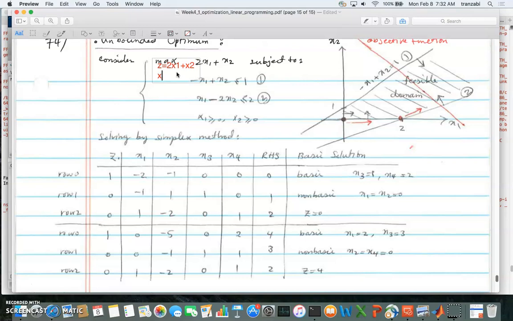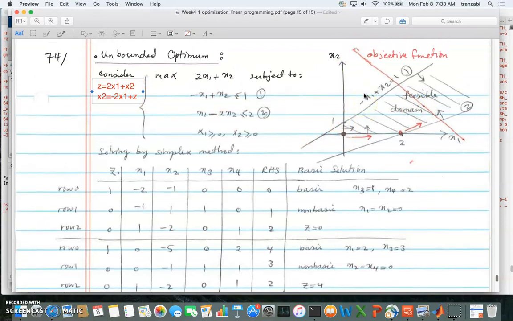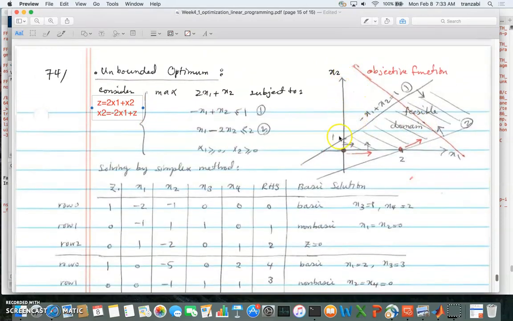So then it becomes x2 is equal to minus 2x1 plus z. Now, imagine this is y and this is x. So y is equal to minus 2x plus z. So this is a line exactly like this with a slope of minus 2 and an intercept of z. And as you see, if I change my z up and down, then this line goes up and down.